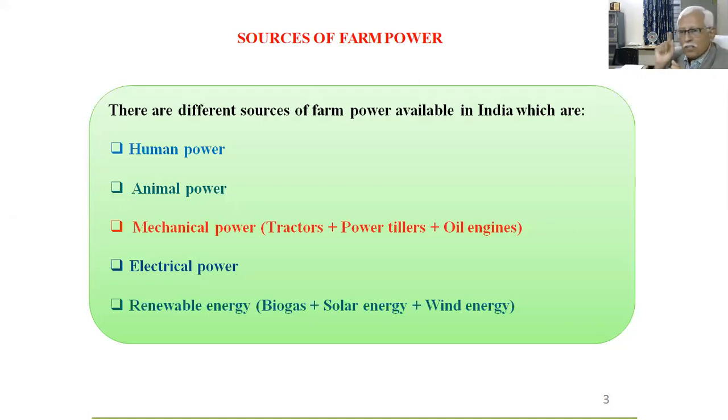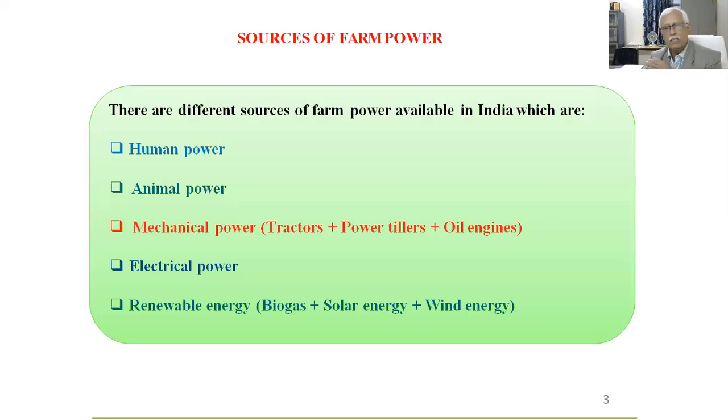Whereas if you use animals, I remember we used to have a roller kind of thing and make these animals go round and round, like a tractor now does the same activity. We have to have a central pivoted kind of thing and have the buffalo or oxen going around. That's the way we used to have it.